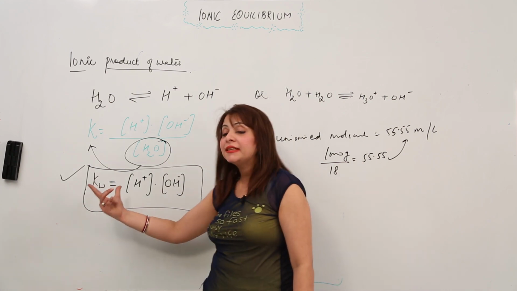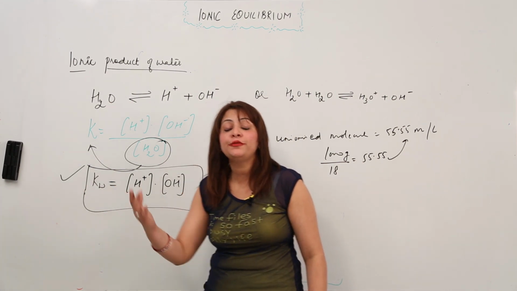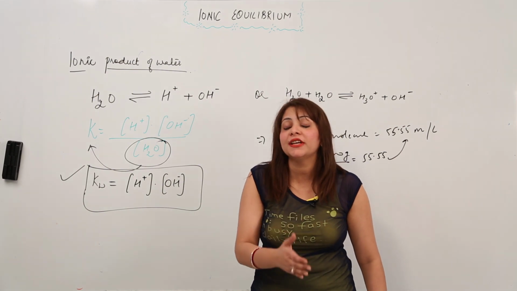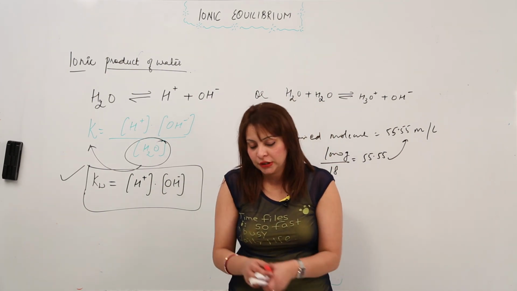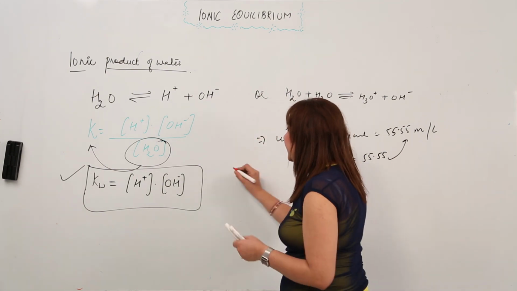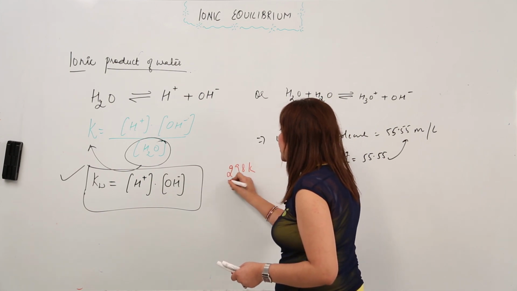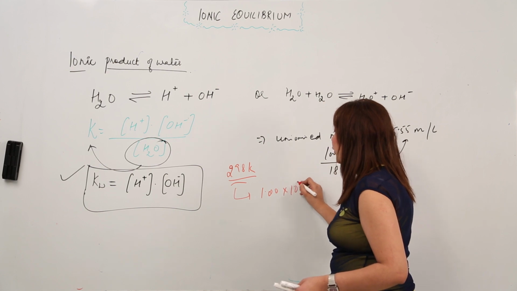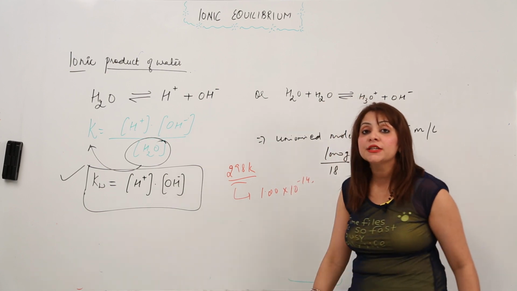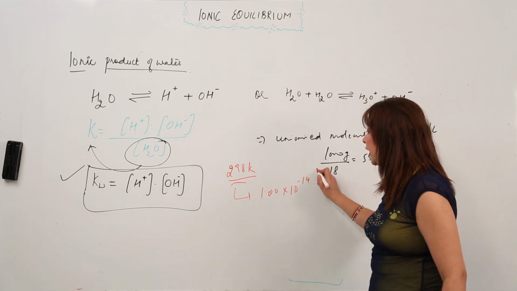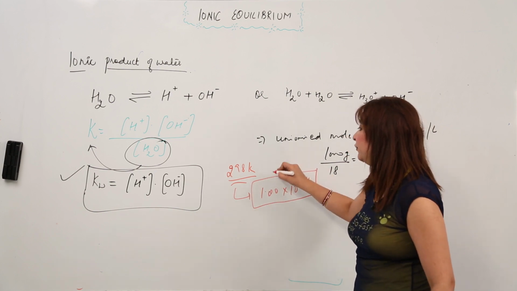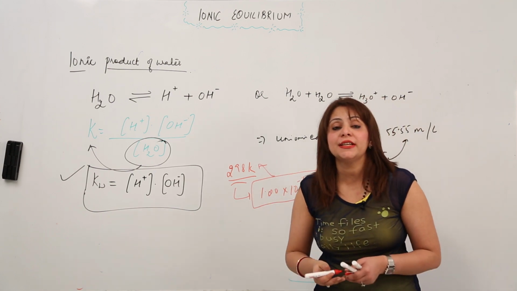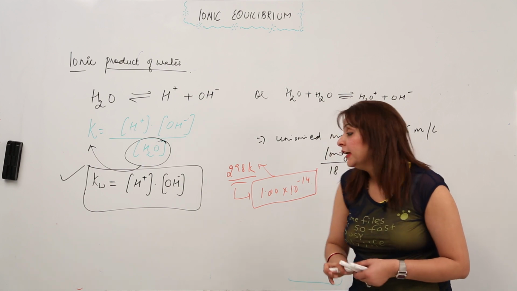That means this Kw value is constant at one temperature. So at 298 Kelvin, when we measure this value, it comes out to be 1.00 into 10 raised to power minus 14. This is the value we get at normal temperature, that is 298 Kelvin, right?